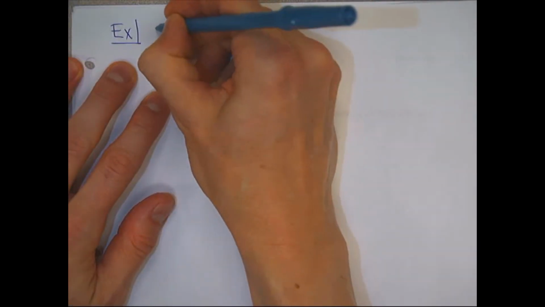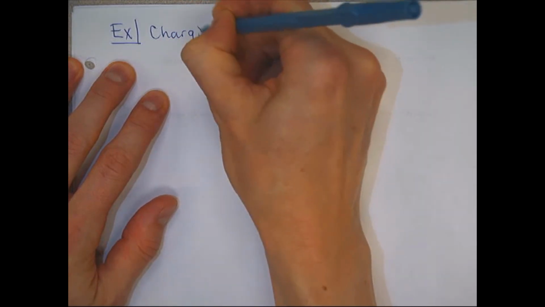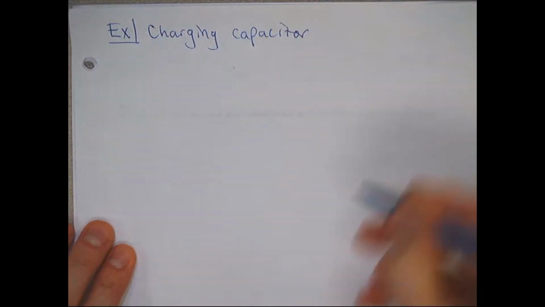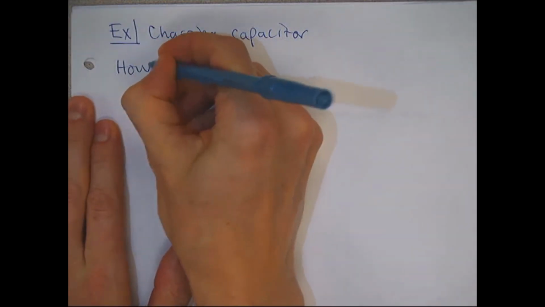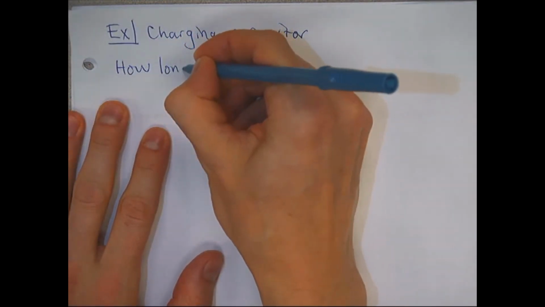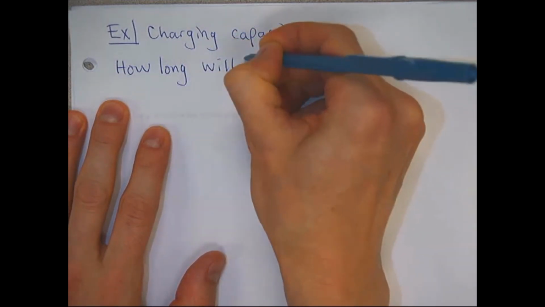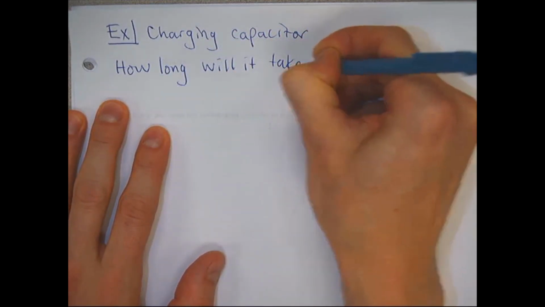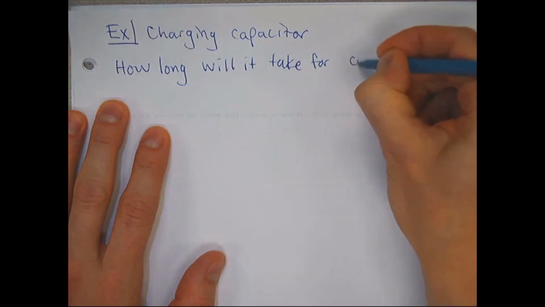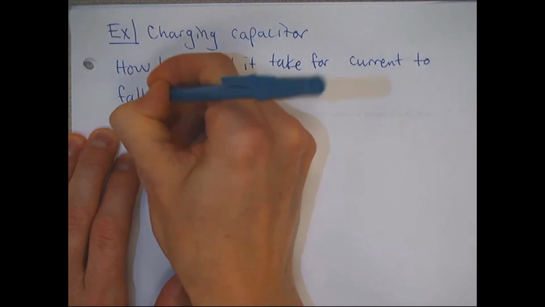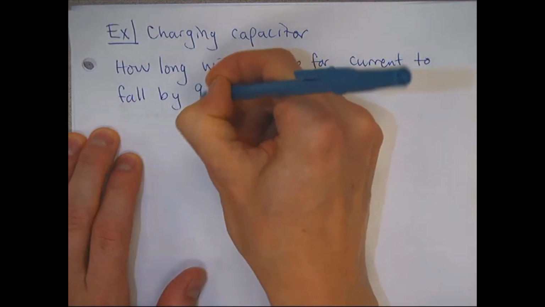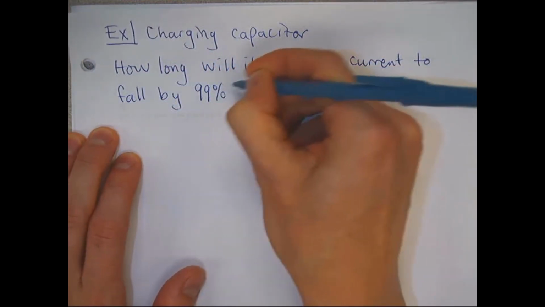Let's talk briefly about an example here. For the charging capacitor, how do we use the formula that we just derived to answer a question such as this? How long will it take for the current to fall by 99%?